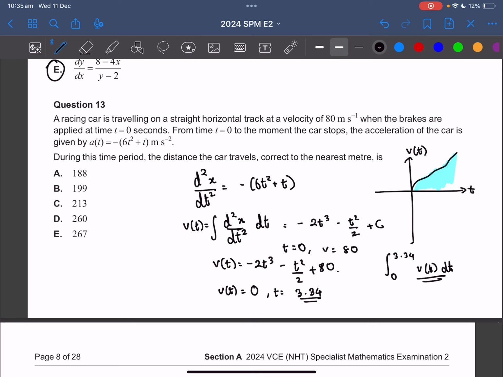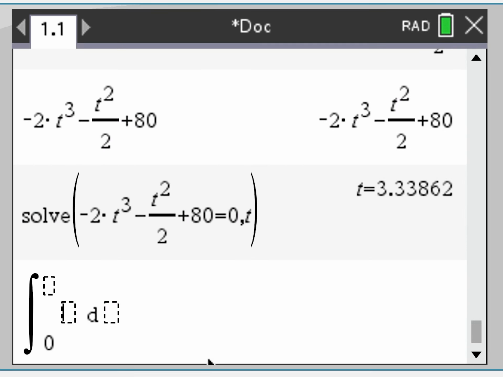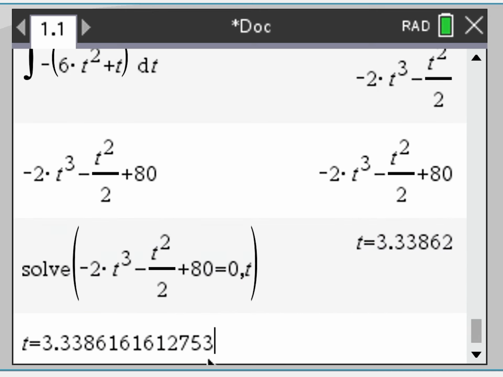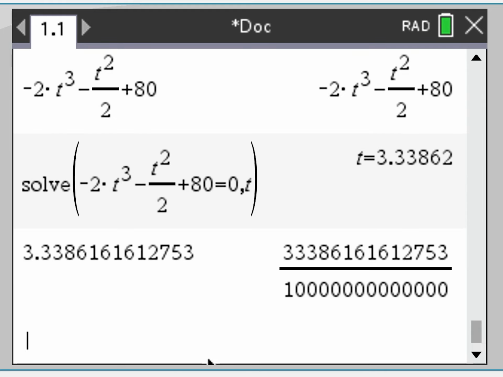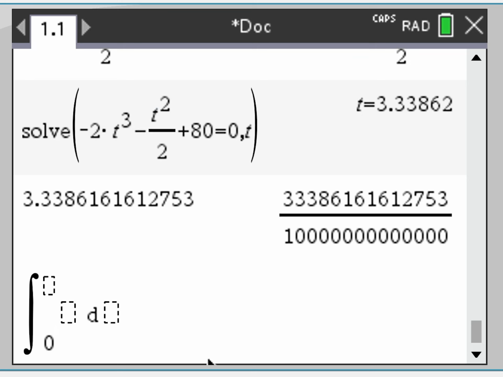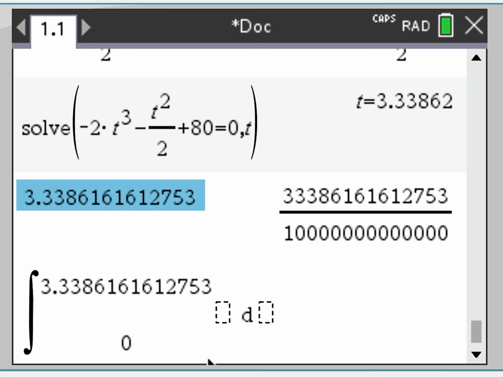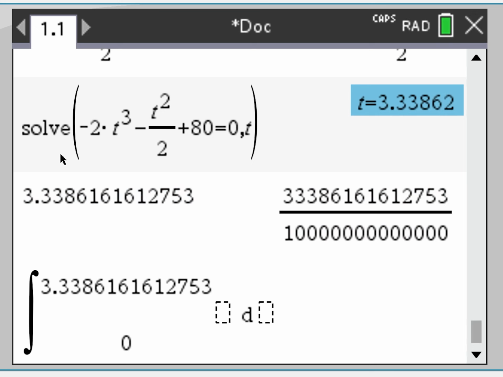Okay, so let's do this on the calculator. So menu 4 3. If I do, actually, let me first do that. If I do end, and I'll delete this. So now we have the whole thing. So menu 4 3, from 0 all the way to here, and then now we have to put the velocity equation in.